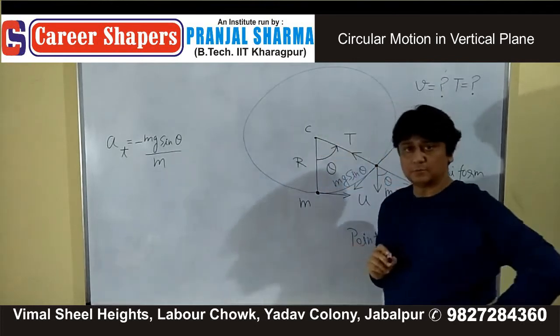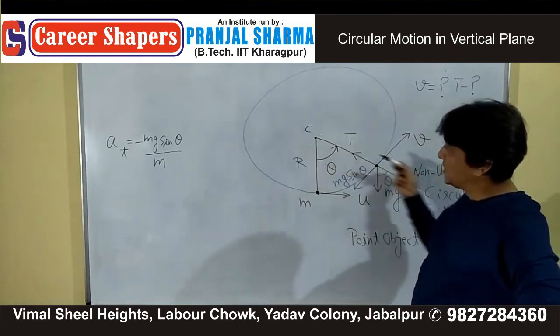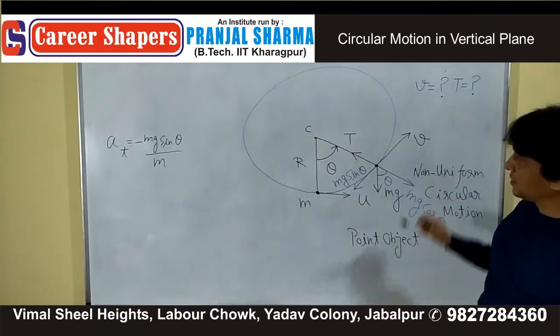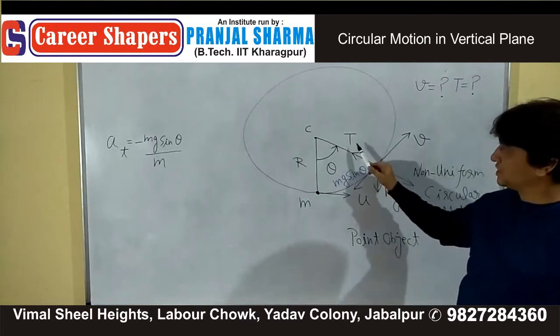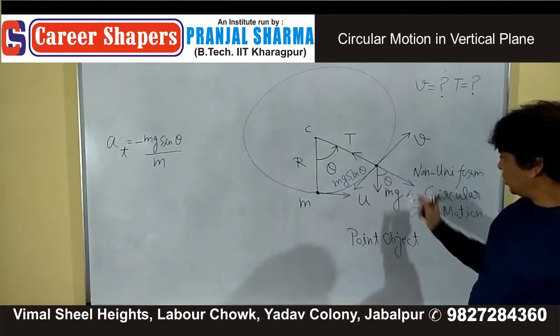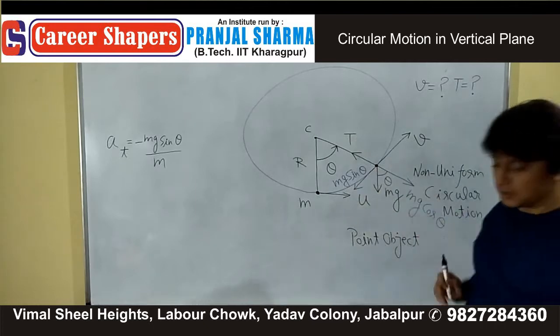Second equation will come from the centripetal information. Now, there are two forces acting along this line. One is T towards the center, other one is mg cos theta away from the center.